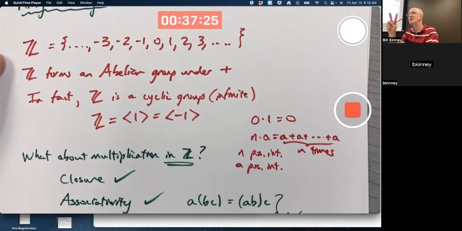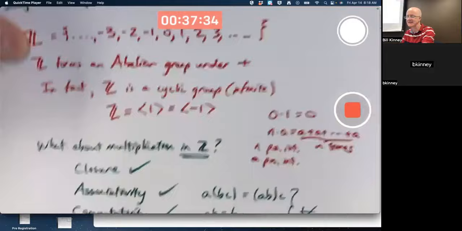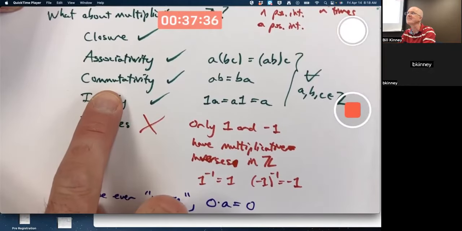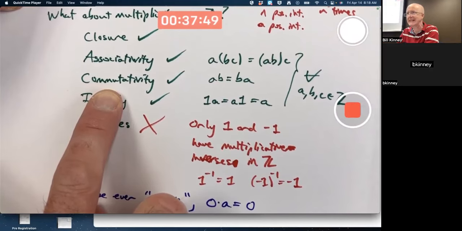We've got 2 binary operations. Z is going to be a ring. In fact, we're going to say it's a commutative ring. We're not going to say abelian ring. We reserve the word abelian for groups. It's not that you couldn't say it's an abelian ring, it's just nobody does.